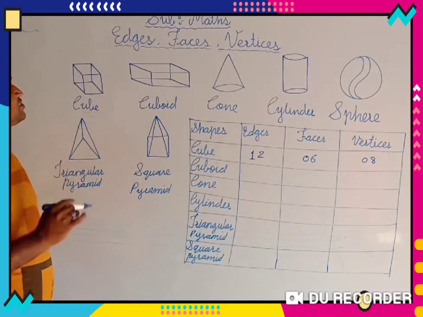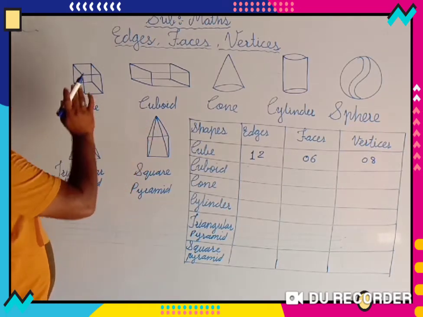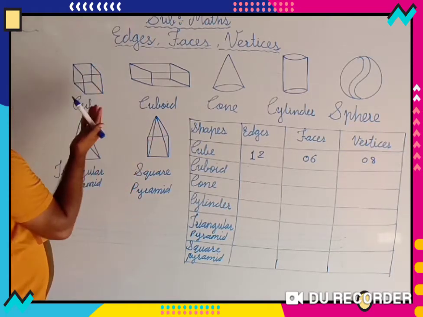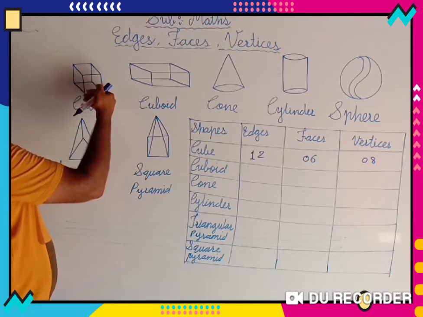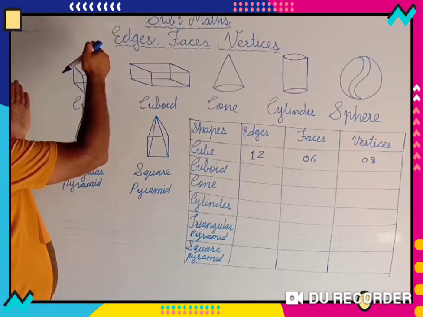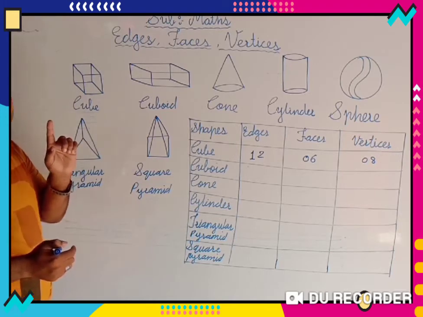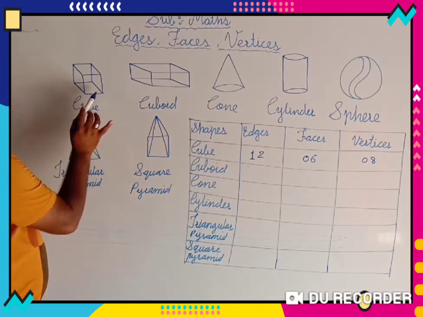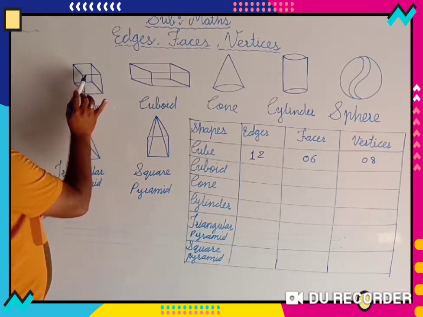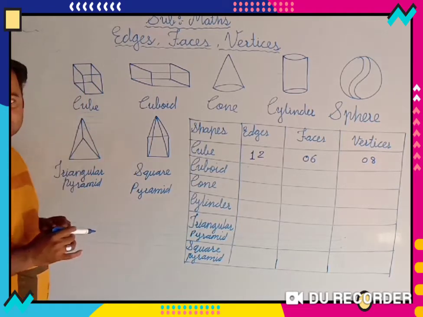So it has 12 edges. Faces: upper one, lower one, front 3, back 4, and both sides 5, 6. And the number of vertices are 1, 2, 3, 4, 5, 6, 7 and 8, right?